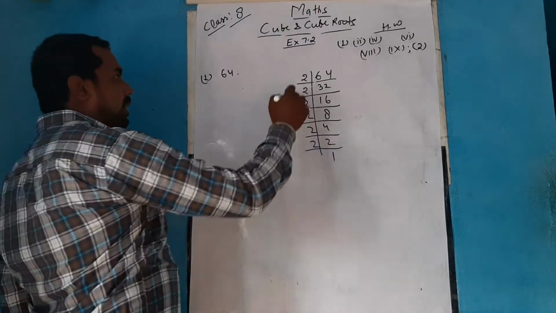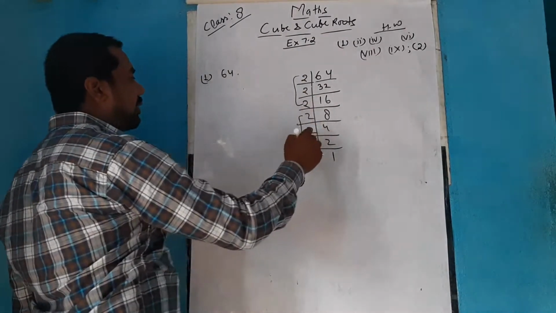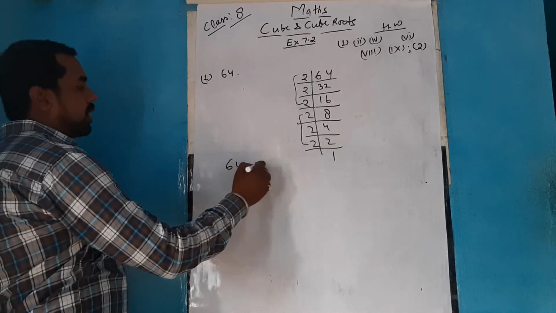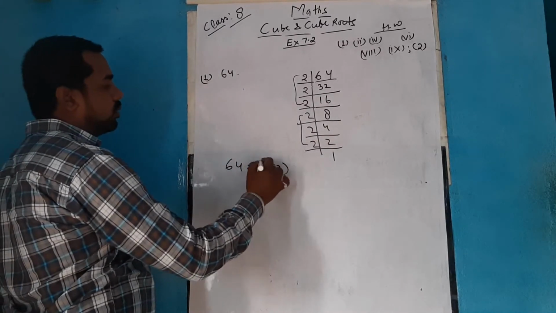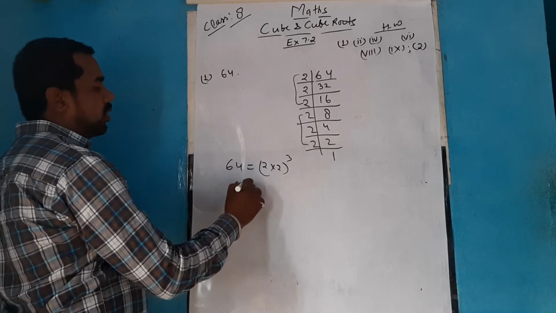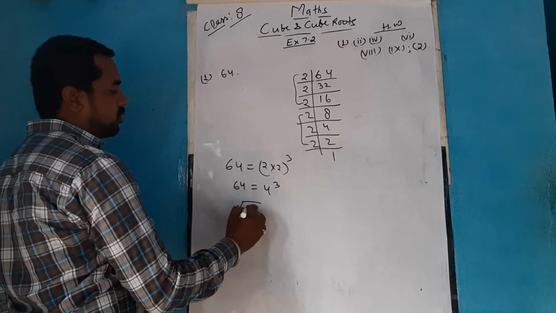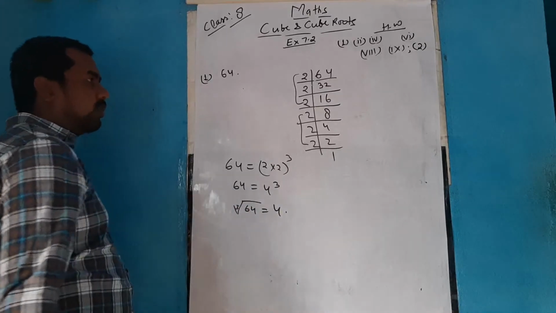As you can clearly see, they are forming a group of 3. It means 64 can be written as 2 into 2 whole cube, or we can also say it as 4 cube. So the cube root of 64 becomes 4.